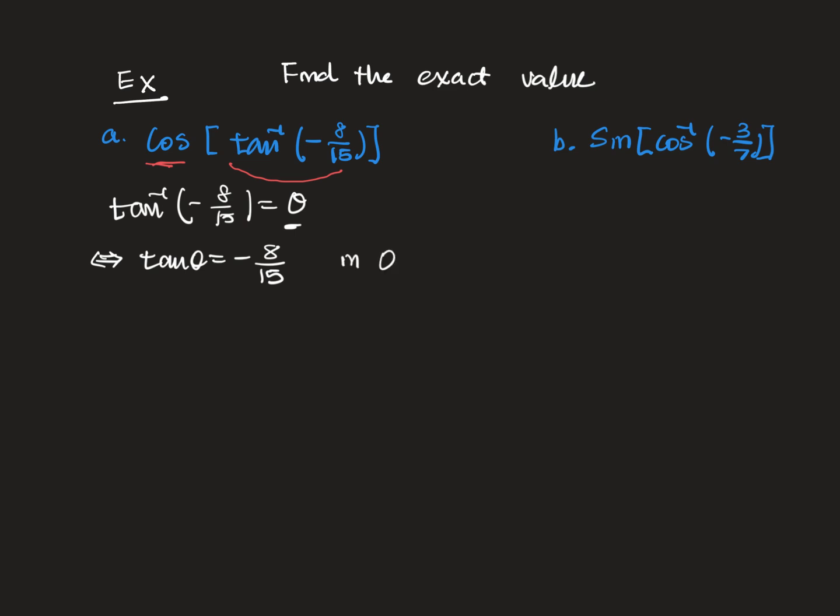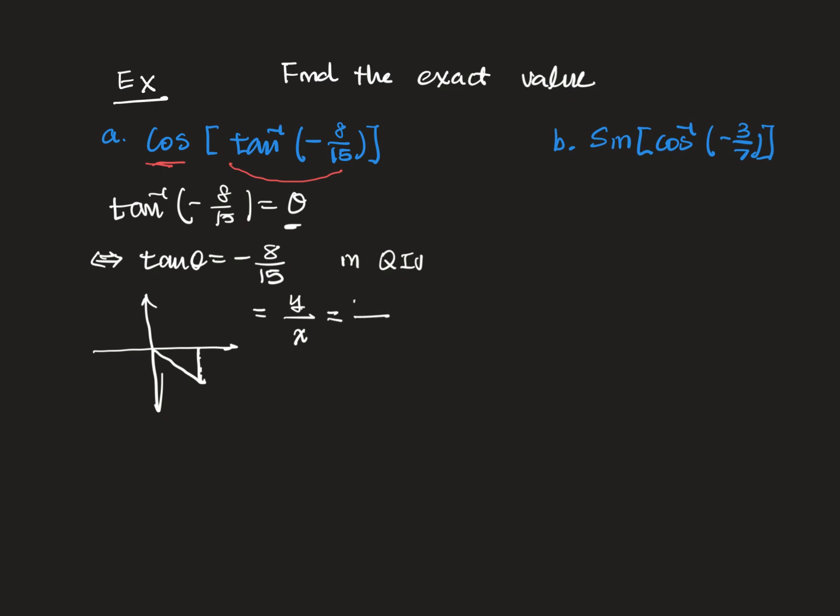So tangent theta is negative. This is quadrant 4, right? So you're going to sketch this one, quadrant 4. Tangent definition is y over x. Which value is negative? In quadrant 4, y is negative.